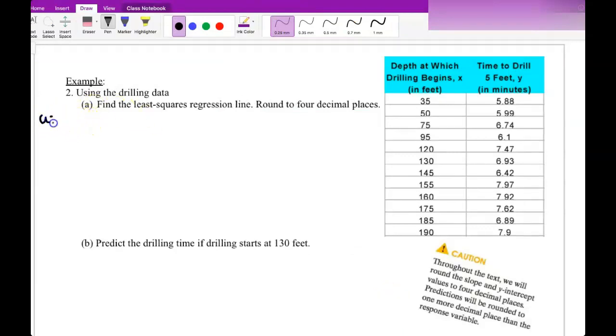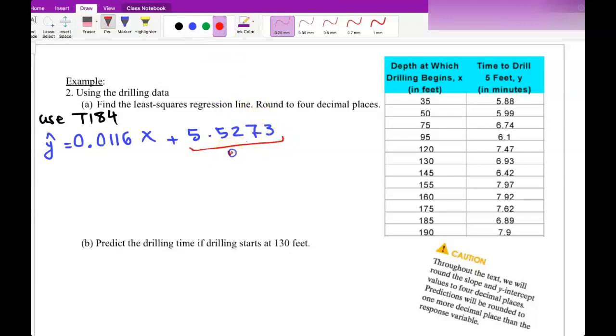Okay, so using TI-84, I got the answer for this least square regression line. y hat is equal to 0.0116, so this was our slope, multiplied by x plus 5.5273.